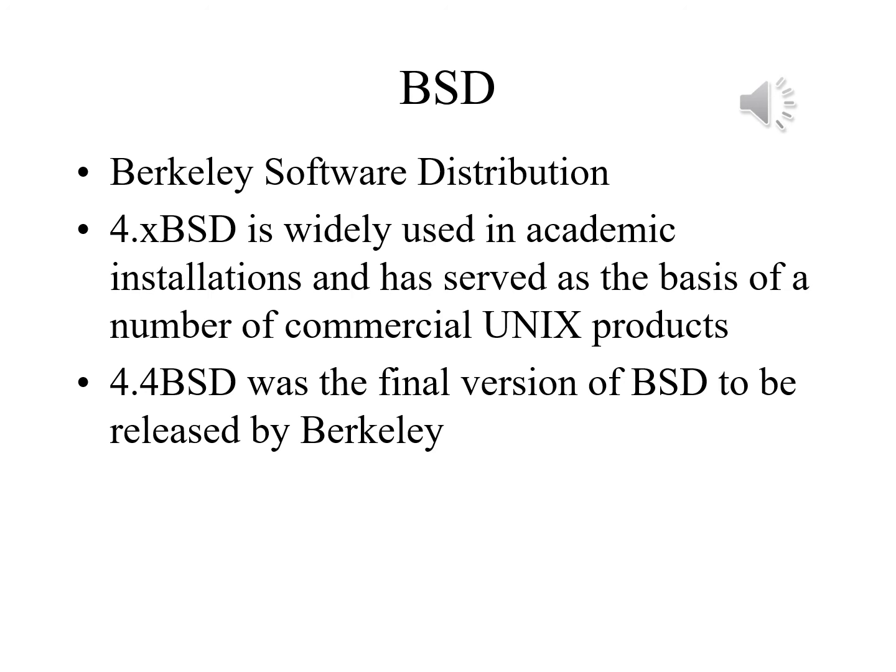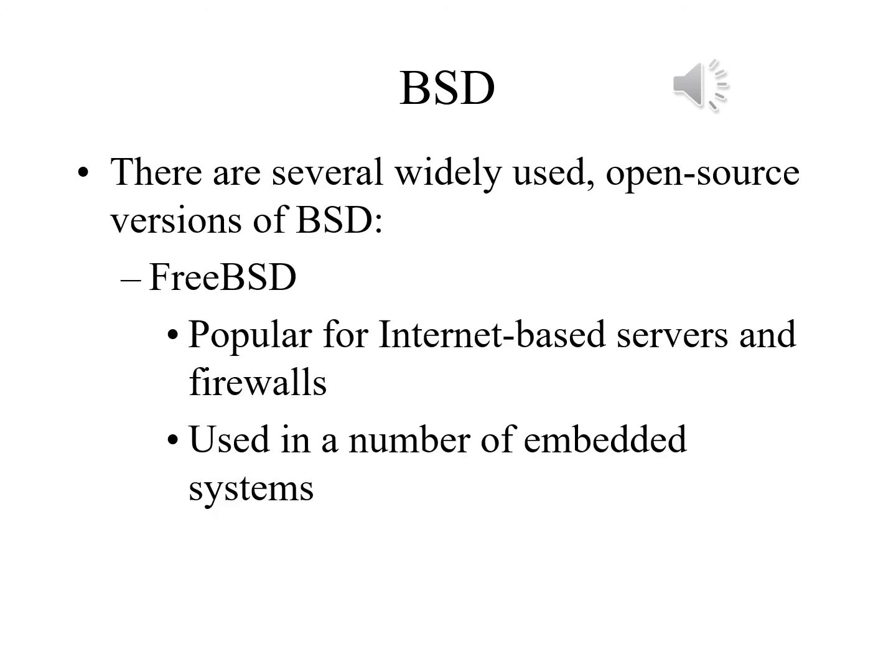4.4 BSD was the final version to be released by Berkeley, with the design and implementation organization subsequently dissolved. It is a major upgrade to 4.3 BSD, and it includes a new virtual memory system, changes in the kernel structure, and a long list of other feature enhancements.